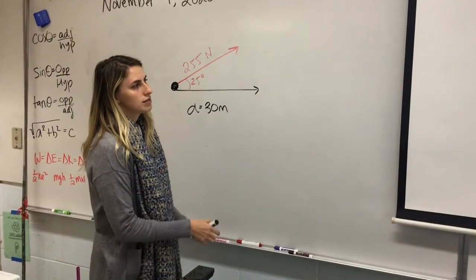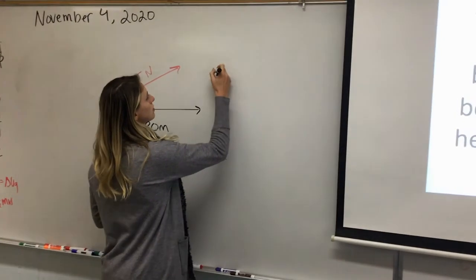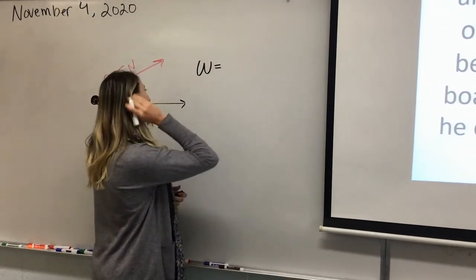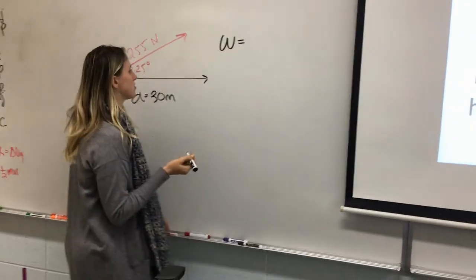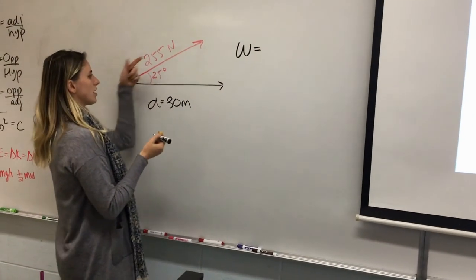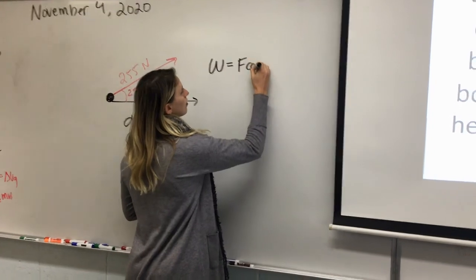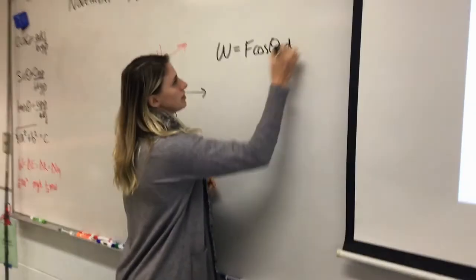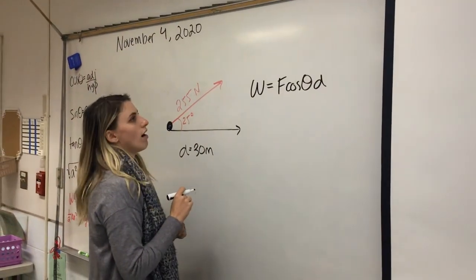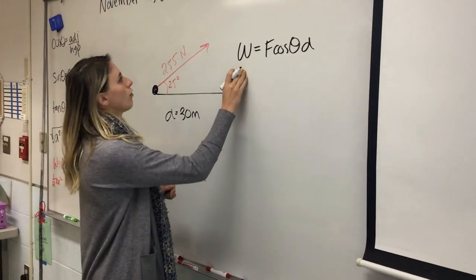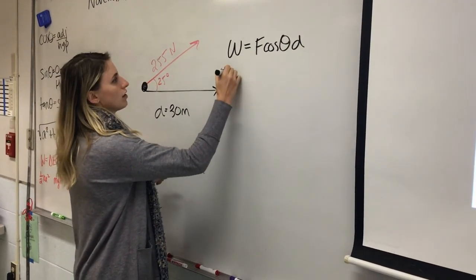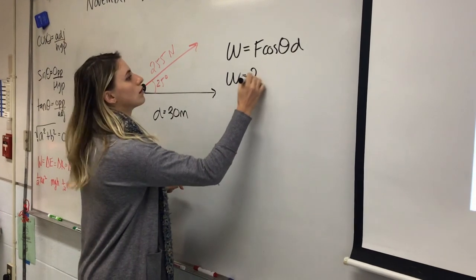How much work does he do? Usually work equals force times distance, but are our force and our displacement in the same direction? They're not, so you have to use that other equation: force times cosine theta times d. We've got our force, our distance, and the angle too.